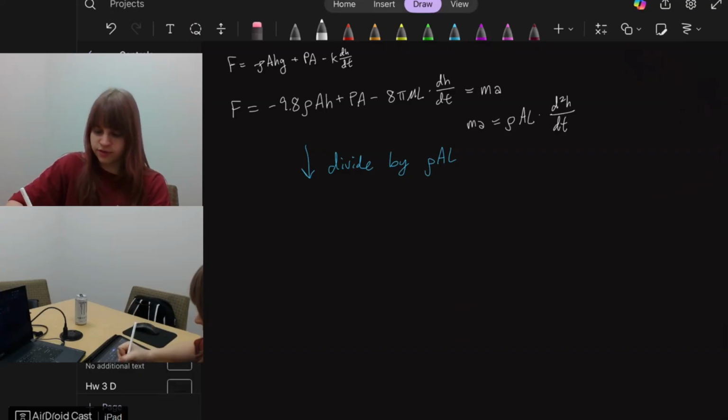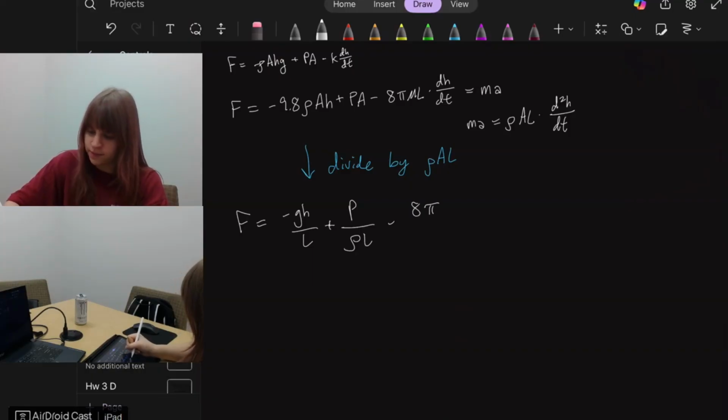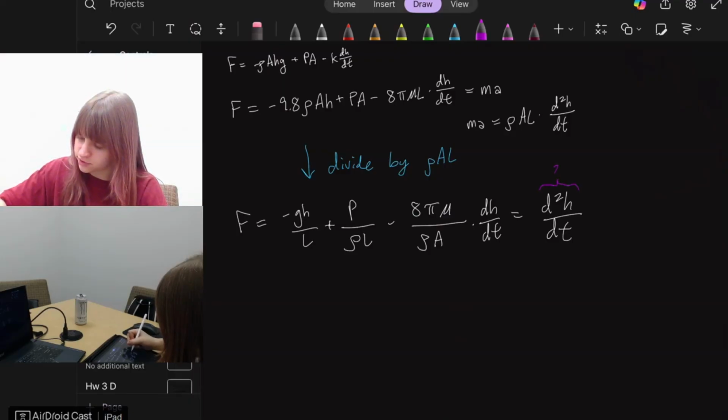So we have that force is equal to negative G H over L plus P, our pressure, over rho L minus 8 pi mu divided by rho A times dH dt is equal to our second derivative on the right hand side. Remember that this is second order.